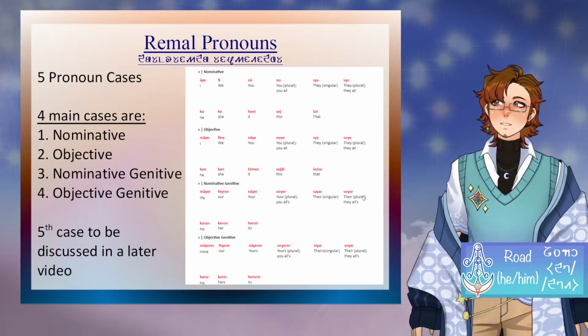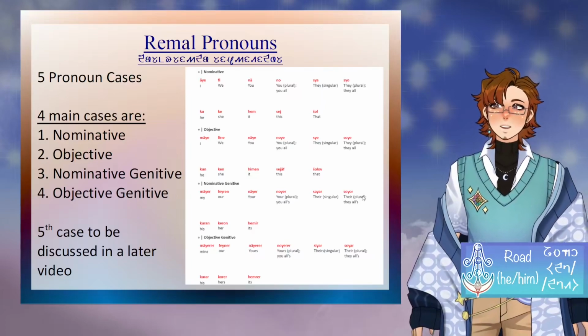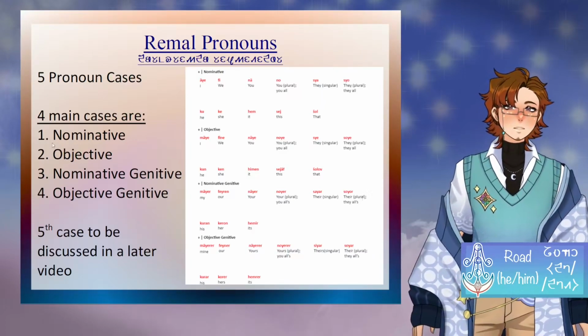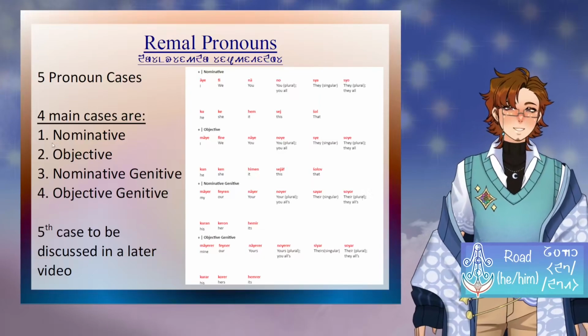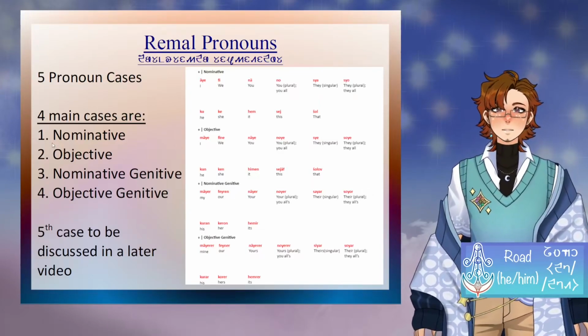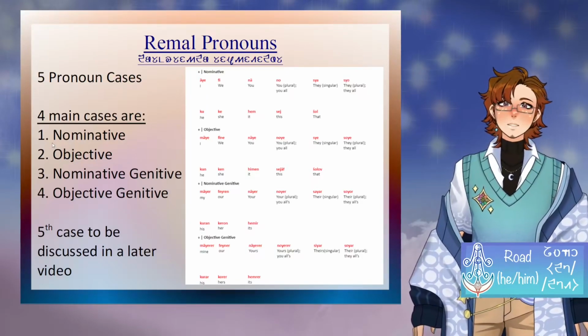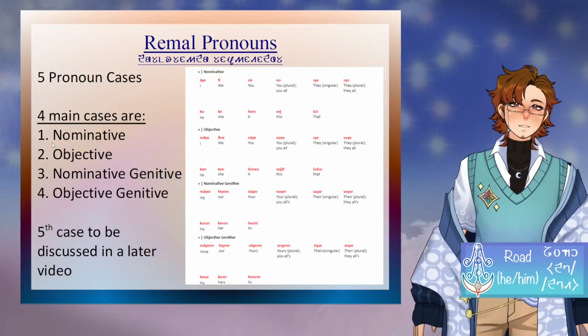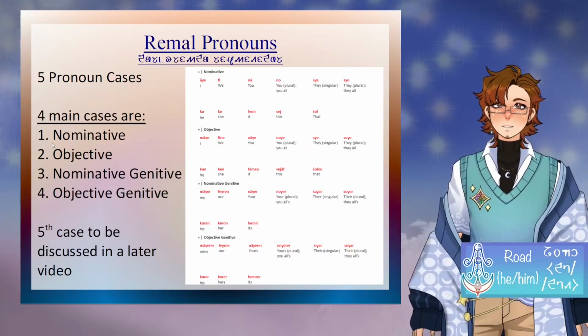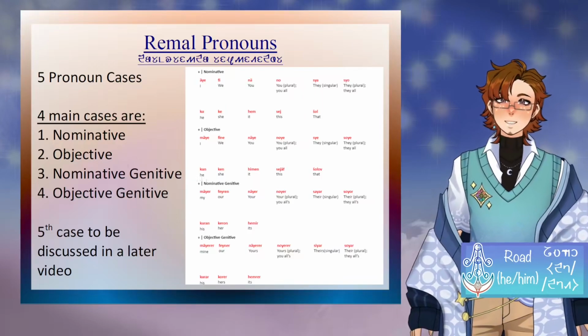This is your me, you, him, her, and them. Even more similar to English, which a lot of people don't realize, is that there are 2 forms of the genitive, the nominative and the objective. Your nominative being your my, and your objective being mine. But it's not exactly one-to-one in Reim, and we'll get into that in a little bit.